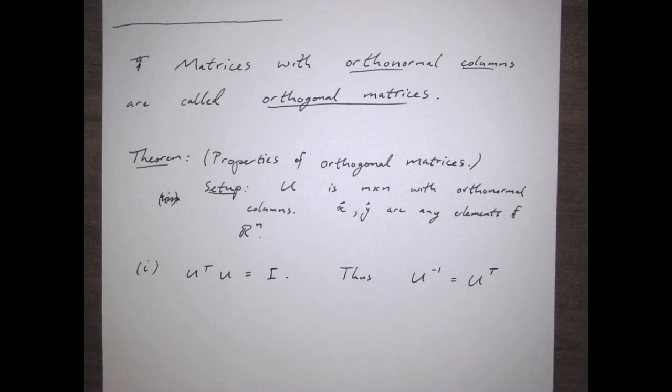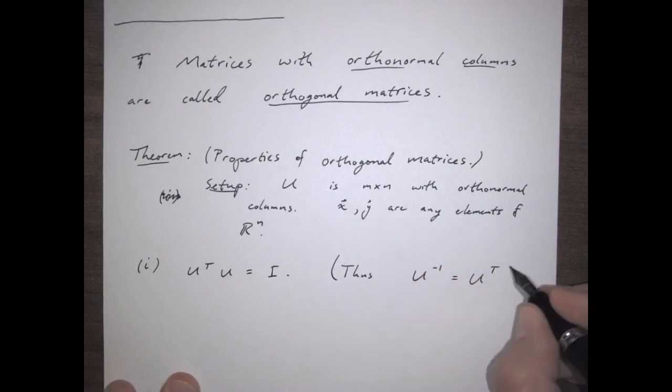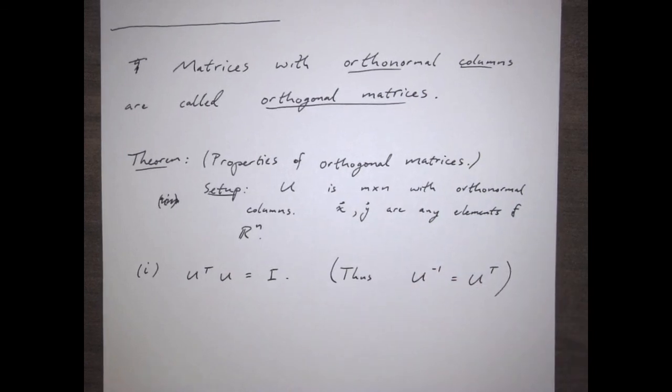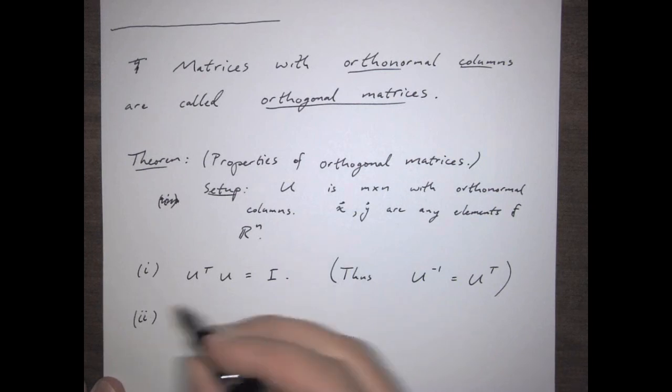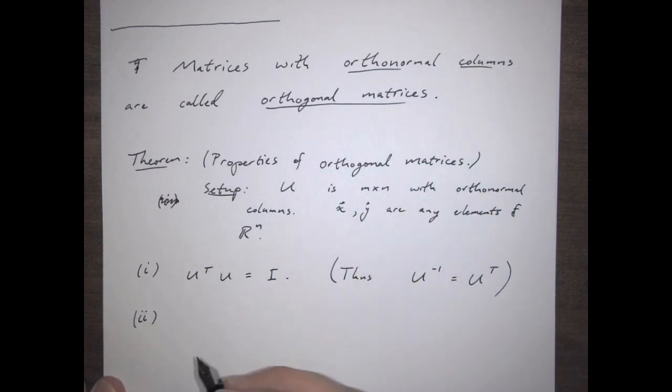So this is a matrix where if you want to find the inverse of it, rather than having to go through the whole rigmarole that we had before, what you can do is just take the transpose, literally interchange column with row, row with column, and you've got yourself the inverse. Another word for this is that U is unitary.